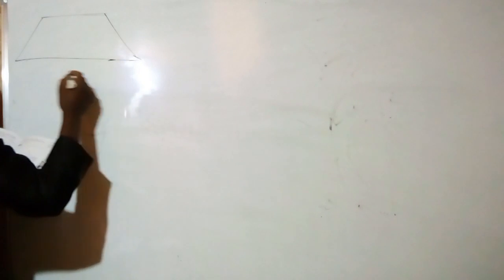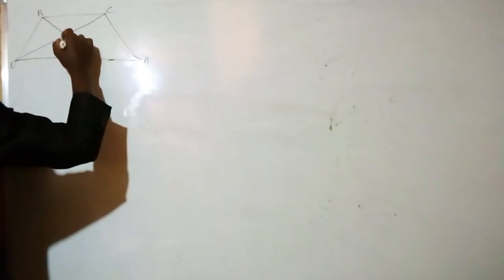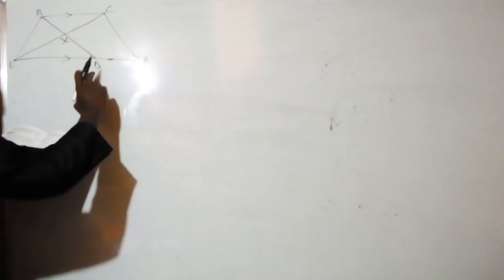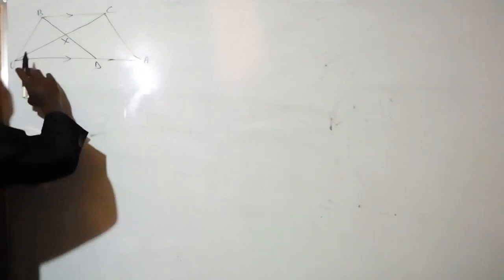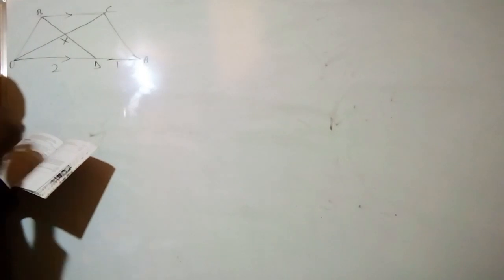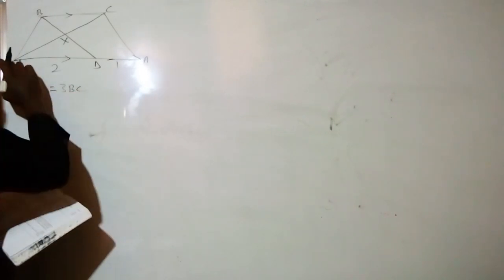Then O, origin, B, C, A, we have point X, this D. In the diagram, OACB is a trapezium in which OA is parallel to BC, D is a point on OA such that OD to DA is 2:1, and OA is equal to 3BC.